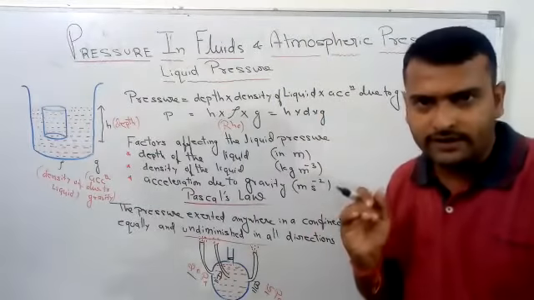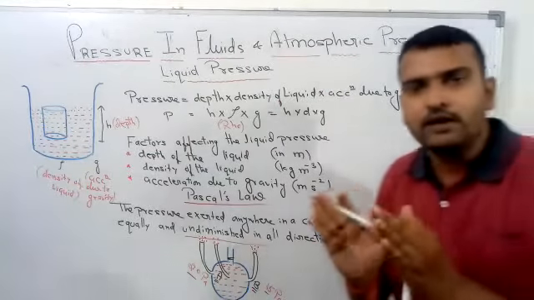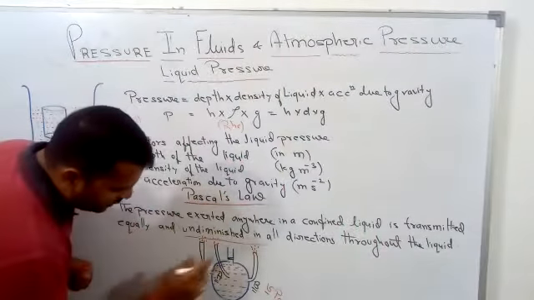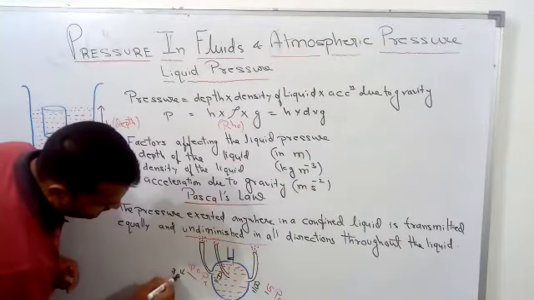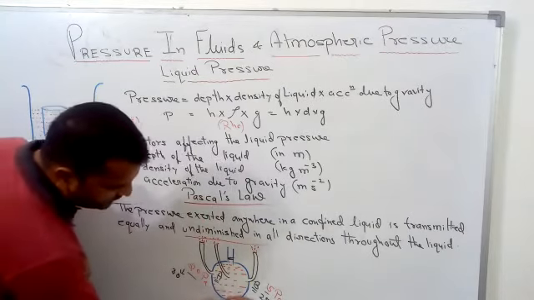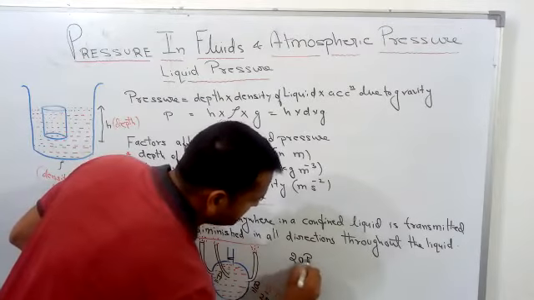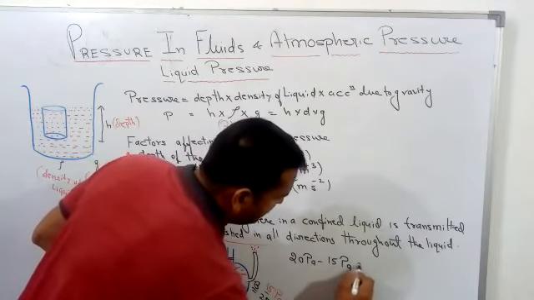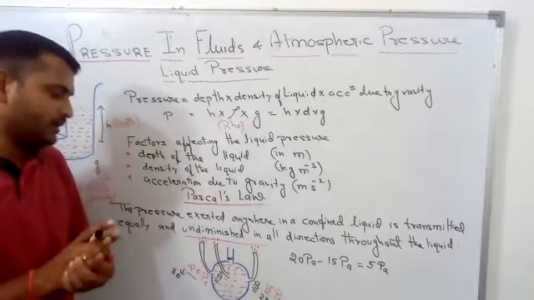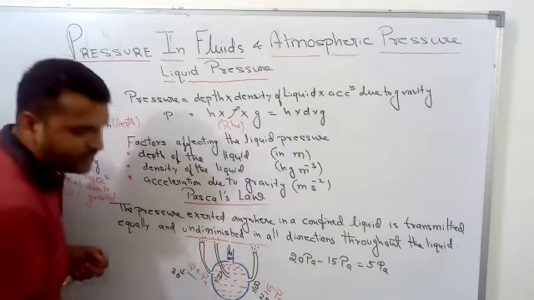When we increase the pressure by pushing the piston downwards, the same amount of pressure is added at A and B, so the difference between the pressures at A and B stays the same.